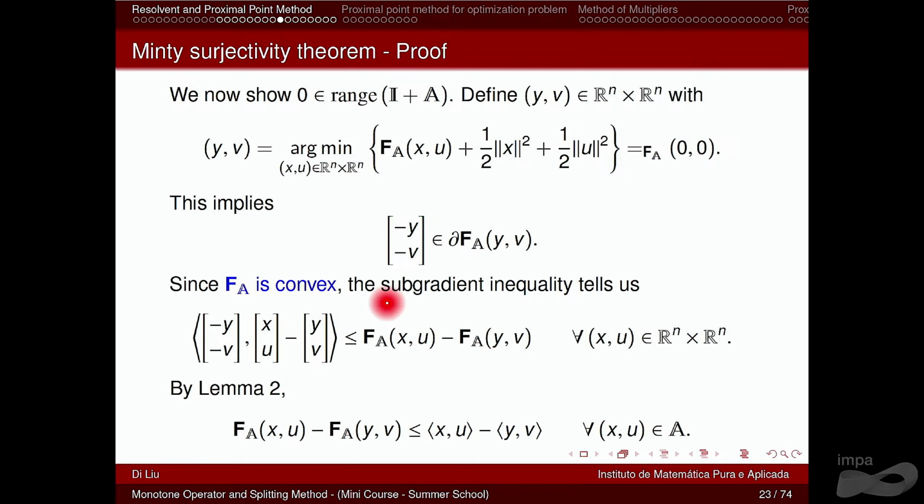Before we use the subgradient inequality, we need to find which one is a subgradient. So we first define the pair u, y, v as the argmin of this function. Since this function is obviously convex, we can say that.